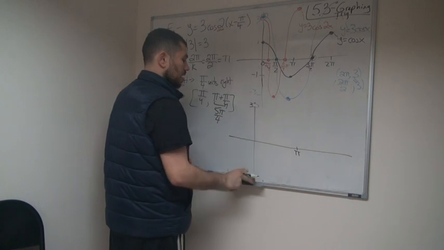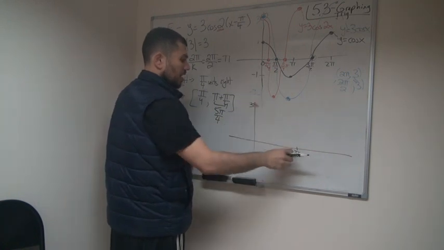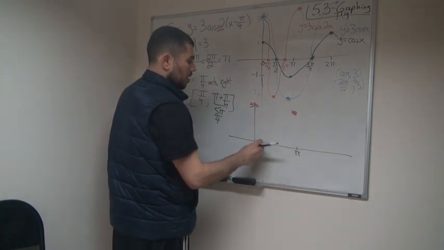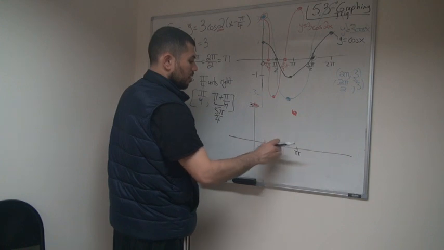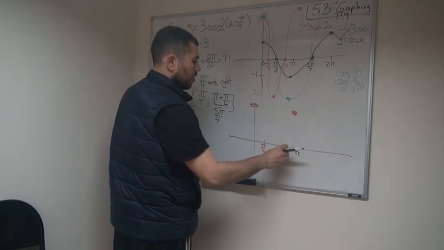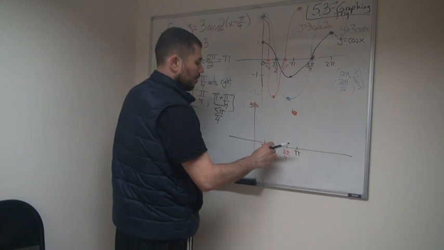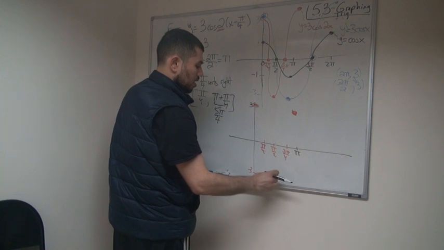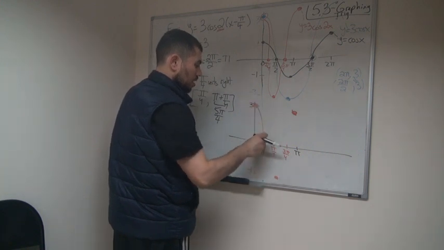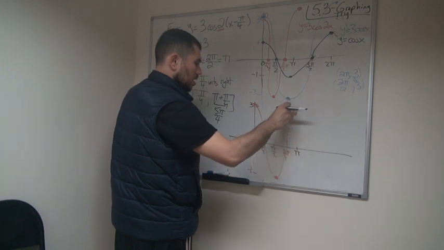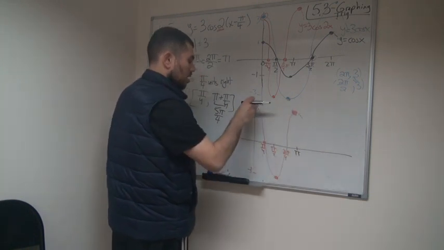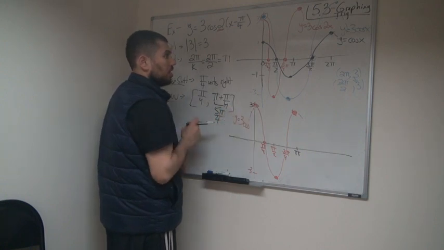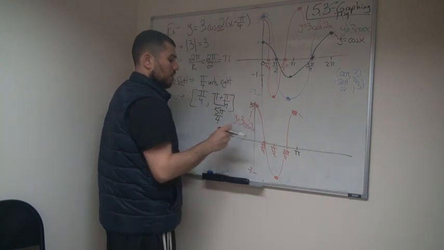Started at 0 comma 3, and it ended at pi comma 3, with zeros at pi over 4 and 3 pi over 4, and at pi over 2 we had a min. This was y equals 3 cosine 2x, the red graph from above.